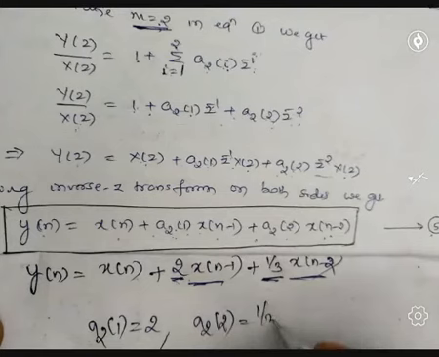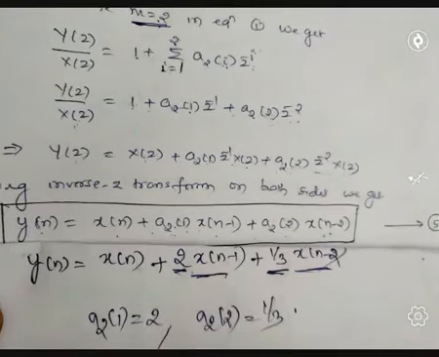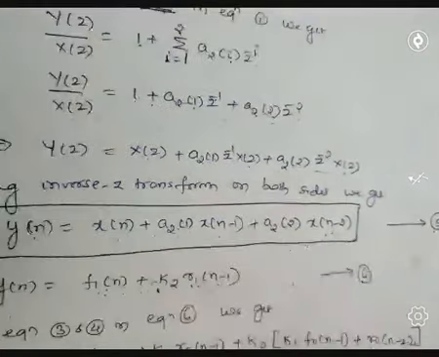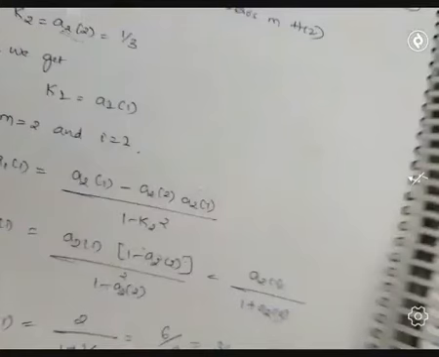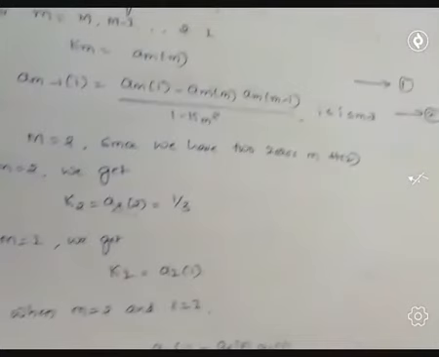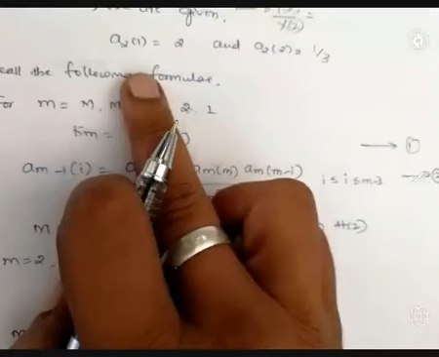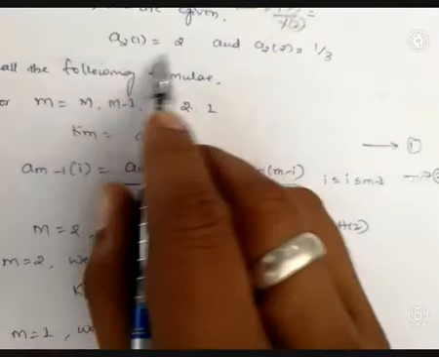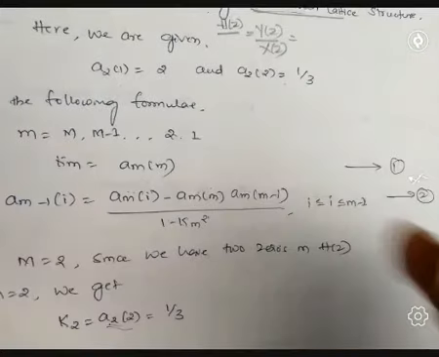So we got the coefficients a2 of 1 and a2 of 2. Same thing: a2 of 1 equal to 2 and a2 of 2 equal to 1 by 3.